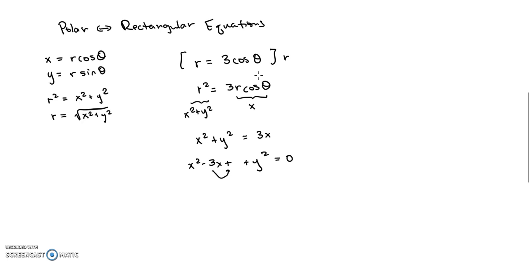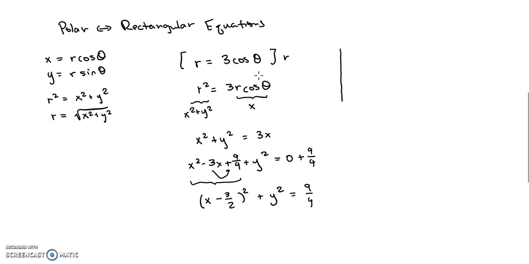That would be 3/2 squared, which is 9/4. And over here would also be 9/4. Sorry, I didn't mean to pick fractions here, but we'll power through. So this is going to be x minus 3/2 squared plus y squared equals 9/4. And this you should recognize as a circle. It's centered at 3/2, 0 with radius 3/2.